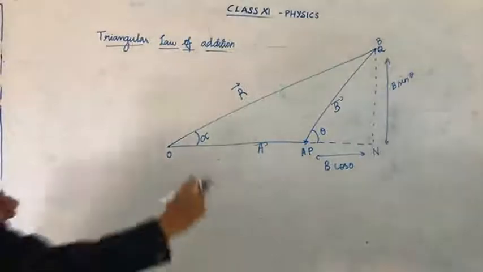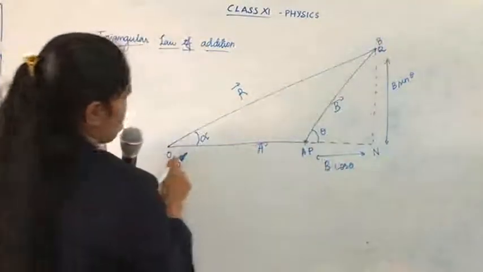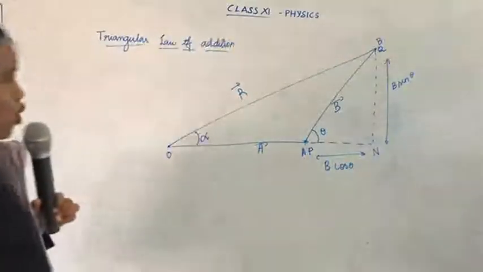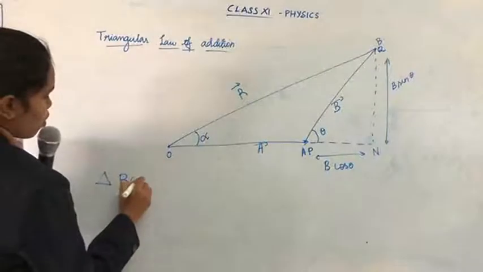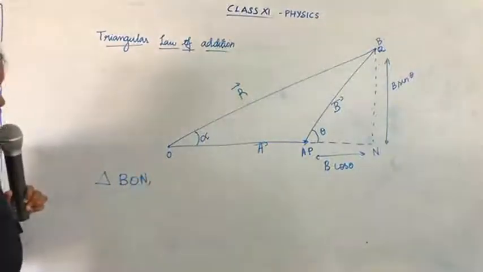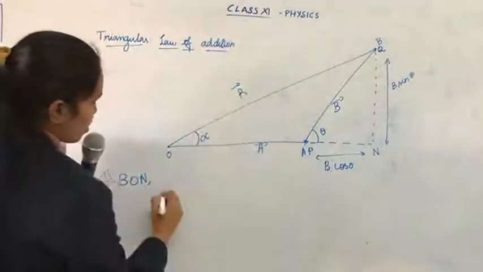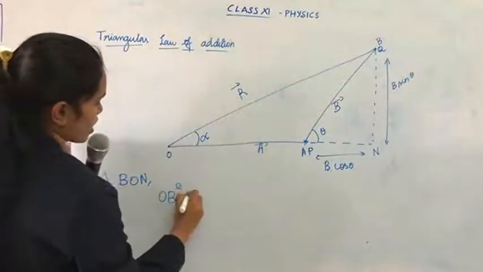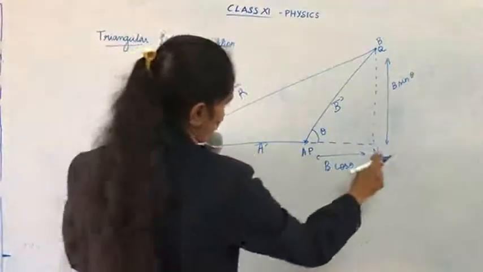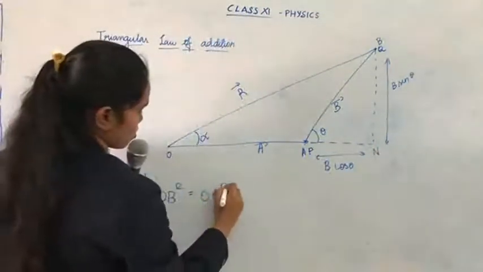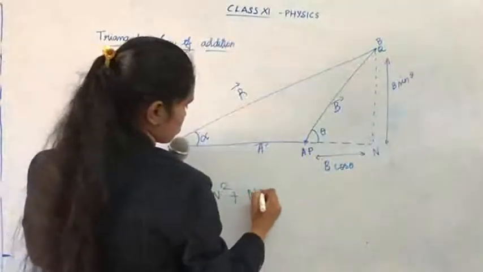Now take the whole triangle BON. In this triangle, you are going to find the resultant. That is OB square equal to ON square plus NB square.